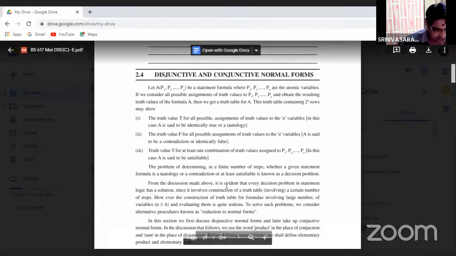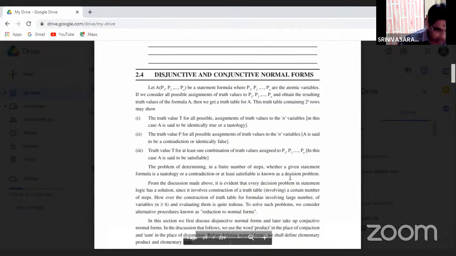Now this concept is very important. These three conditions we apply to observe the problem and determine it in a finite number of steps, taking the atomic variables of the given statement.